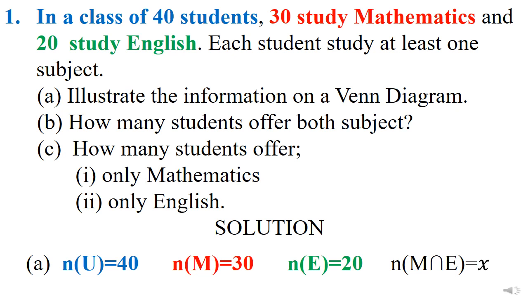A. Illustrate the information on a Venn diagram. B. How many students offer both subjects? C. How many students offer I. Only mathematics, II. Only English?